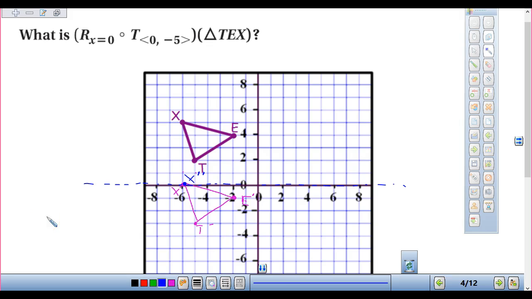T is how far from that line? 1, 2, 3. 1, 2, 3 is t double prime. And E is how far away from the axis? One way. So it stays one way. E double prime. And there is my new figure. Always be careful. Do this first, this second.